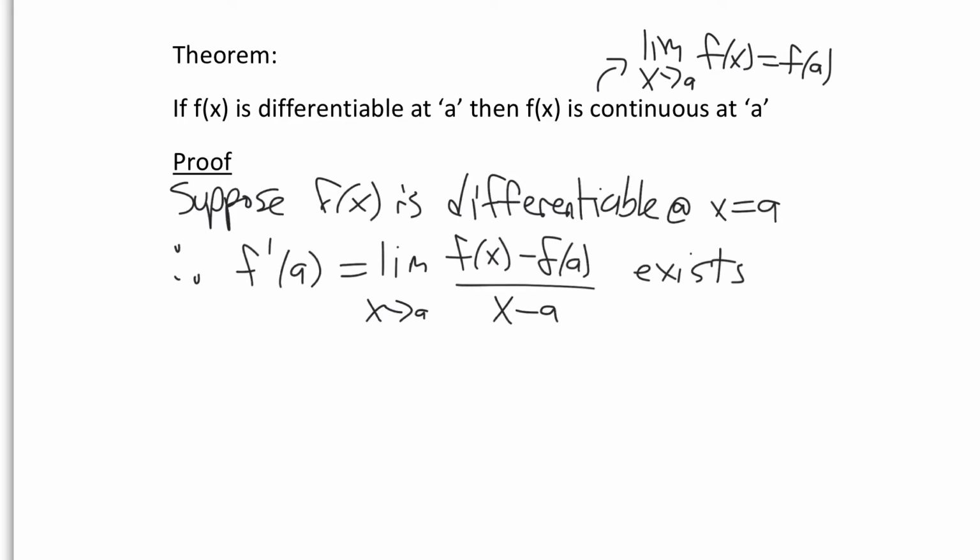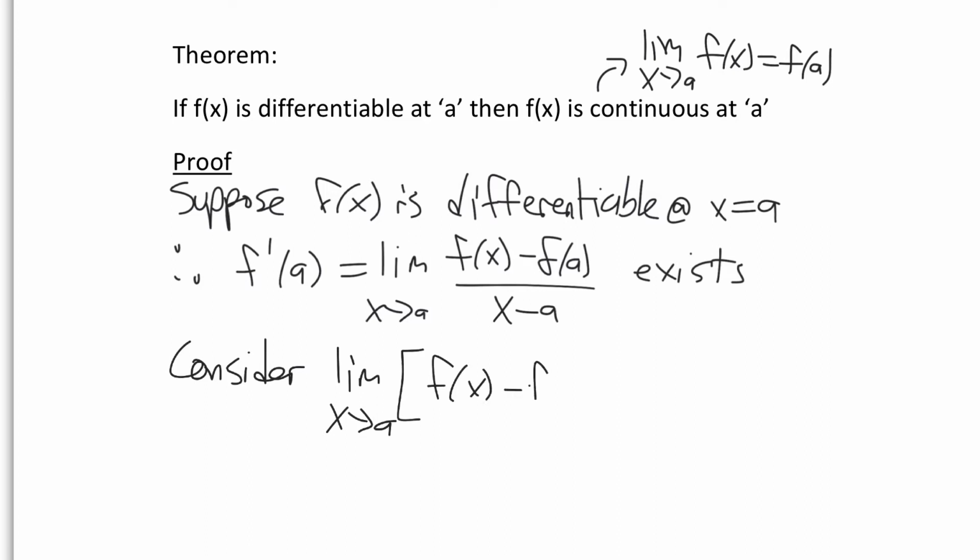Okay, well, that doesn't really help me because I want to show not that this limit exists, but that this limit exists, the limit of f of x, and I want to show that it equals f of a. Well, to do this, we have to take a step back. We have to consider the limit as x approaches a of something different, of f of x minus f of a.